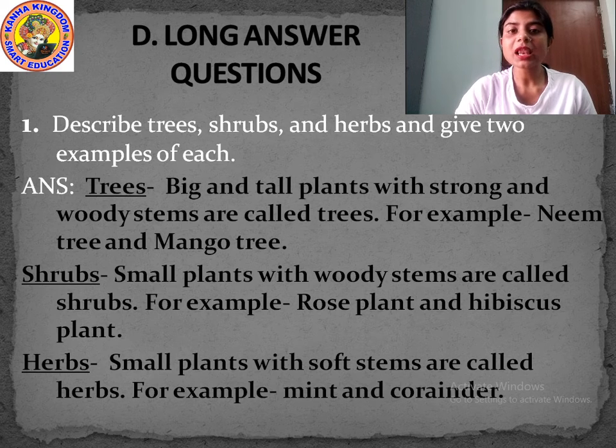For example, rose plant and hibiscus plant. What are herbs? Small plants with soft stems are called herbs. For example, mint plant and coriander plant.